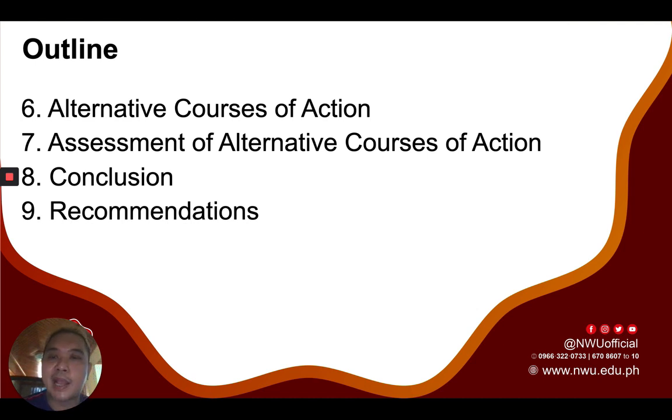An action plan, the first column would be the key results area, and then the second column would be the concrete objective. Number 3 would be the detailed activity. Number 4 would be the budget. Number 5 would be the persons involved.